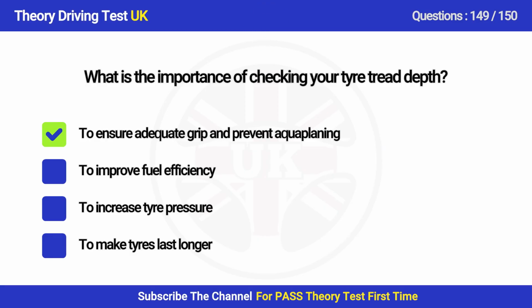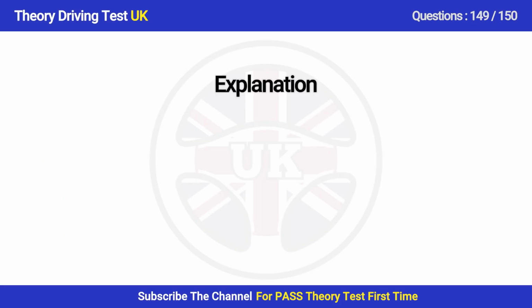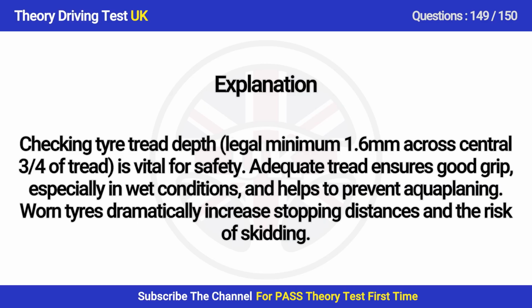Answer is A. To ensure adequate grip and prevent aquaplaning. Checking tire tread depth, legal minimum 1.6 millimeters across the central three quarters of the tread, is vital for safety. Adequate tread ensures good grip, especially in wet conditions, and helps to prevent aquaplaning. Worn tires dramatically increase stopping distances and the risk of skidding.